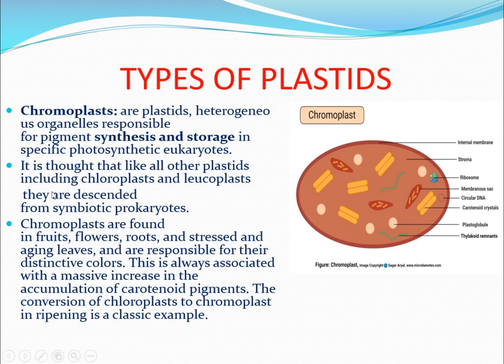So symbiotic, they are descended from symbiotic prokaryotes. Chromoplasts are found in fruits, flowers, roots, and stressed or aging leaves, and are responsible for their distinctive colors. Different kinds of colors are found in chromoplasts, and this is always associated with a massive increase in the accumulation of carotenoid pigments.